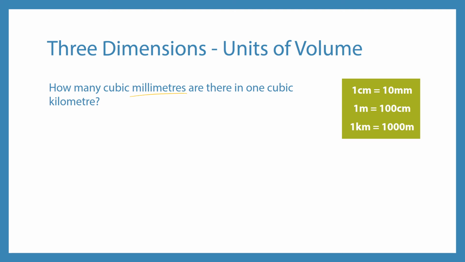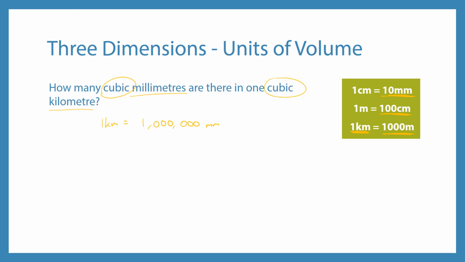Okay, and this one's very big. Can you find out how many cubic millimeters are in 1 cubic kilometer? Okay, so we're moving here from 1 kilometer into millimeters. So your 1 kilometer equals 100 meters times 100 centimeters times 10 millimeters, or we're going to get to 1 million, or 6 zeros at the end, millimeters.